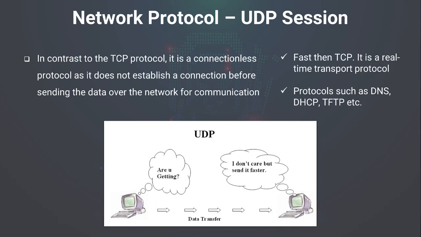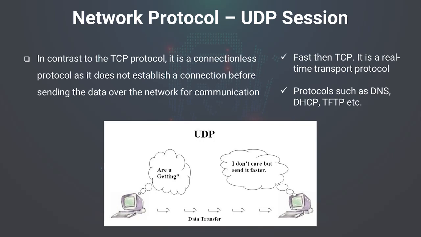Moving forward, let's look at the UDP protocol. In contrast to TCP, this is a connectionless protocol in which the data is sent over the connection automatically. Unlike TCP, there is no proper communication and no acknowledgement. Once the client sends a request, the server will start bombarding with the response, just hoping that the data reaches the client.